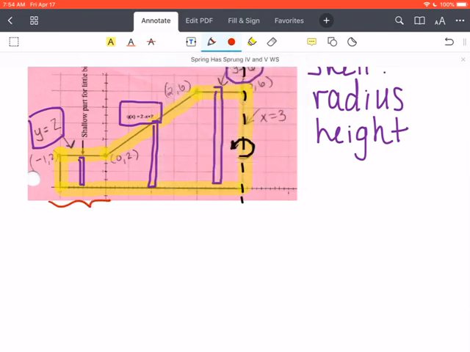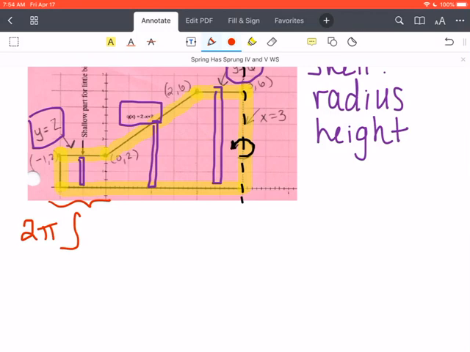And if we are going to use the shell method, know that we're going to base off of surface area, so 2 pi r h. So we have 2 pi times the integral. Okay, and then let's think about what is our radius.